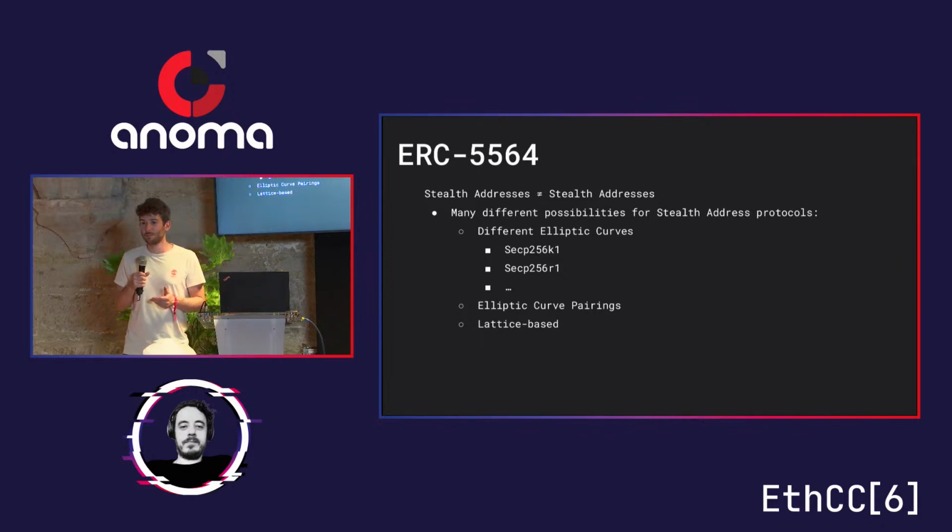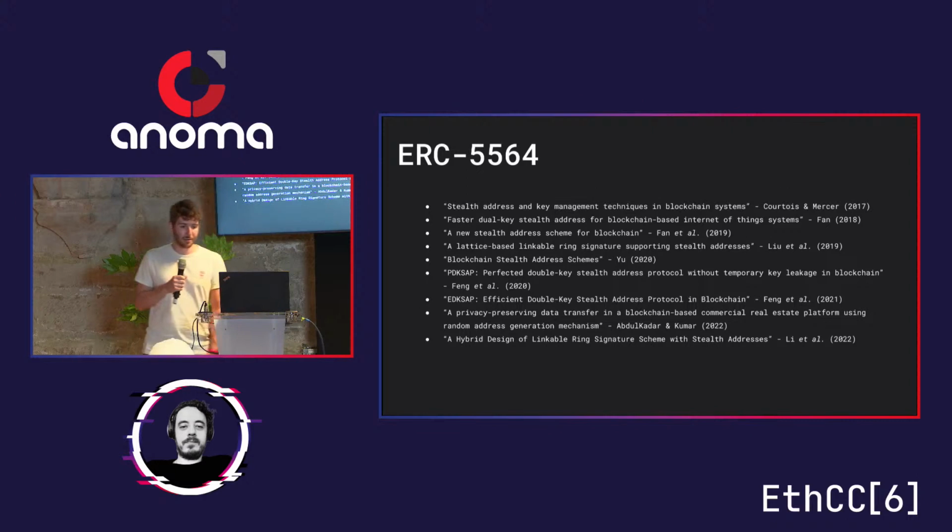Otherwise the recipient would not know which exact stealth address protocol was used by the sender. So maybe the sender used secp256k1, maybe the sender used a stealth address protocol based on elliptic curve pairings, and the recipient would more or less have to go through every possible protocol to find his stealth address.